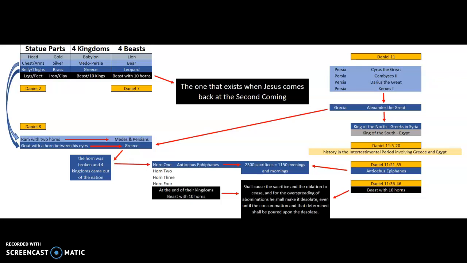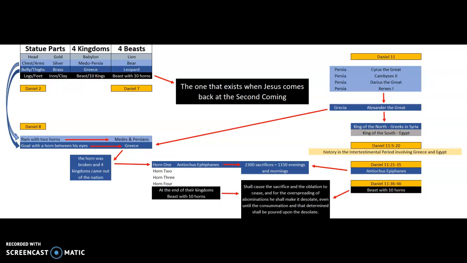So it's not 2,300 days, it's 2,300 evenings and mornings, 2,300 sacrifices, which means it was desolated actually for 1,150 days. There are 2 sacrifices per day, so it was desolated for a period of 2,300 sacrifices.